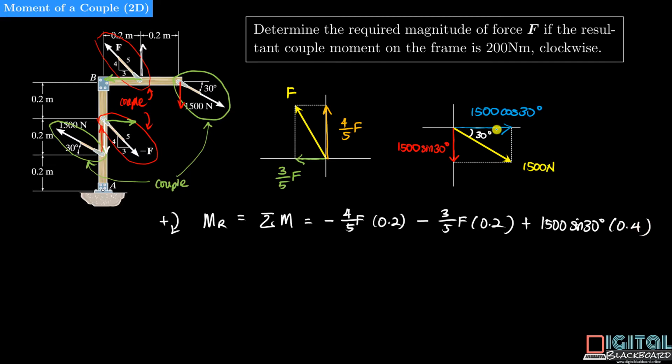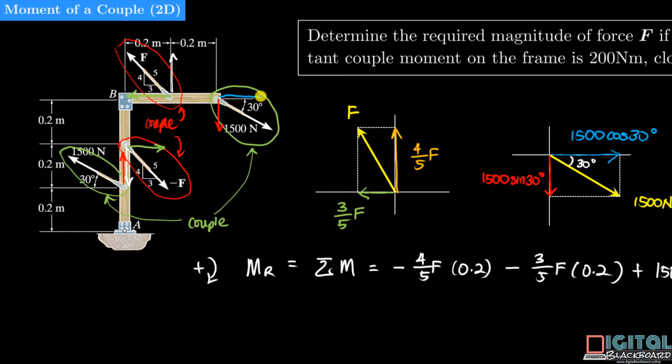Finally, let's look at this horizontal blue component here, which is acting at this point horizontally, and this force here will form a couple together with this horizontal component here, also in blue, and it rotates in the clockwise direction again.